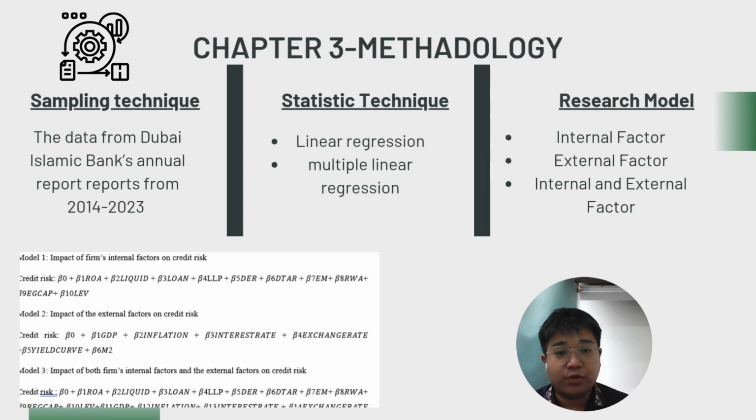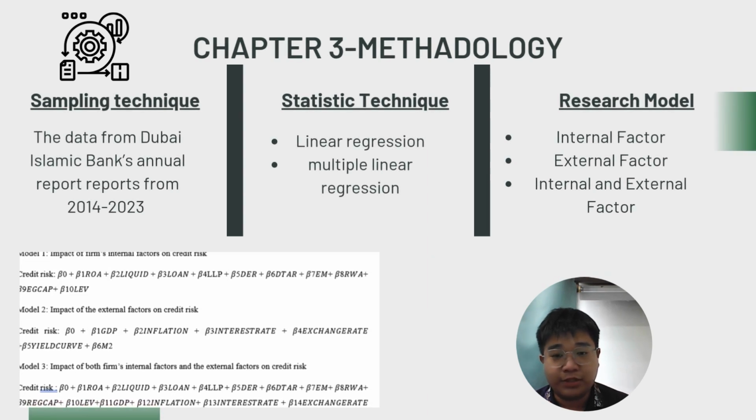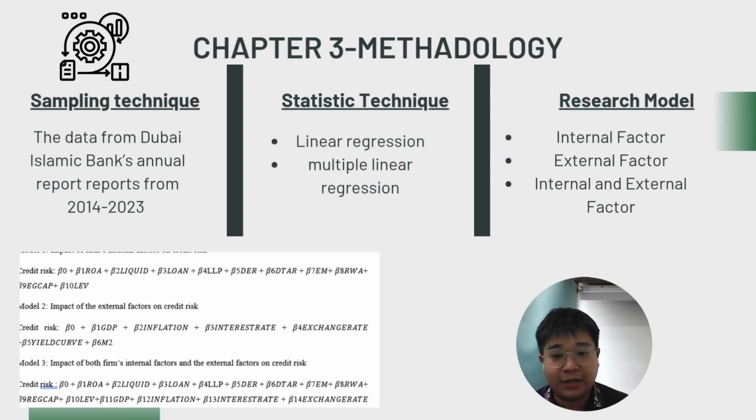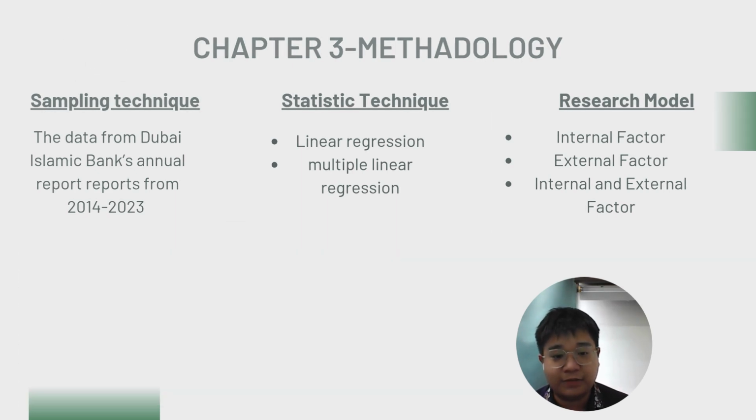For Chapter 3, methodology, the sampling technique is data from Dubai Islamic Bank's annual reports from 2014 until 2023, and the statistical techniques are linear regression and multiple linear regression. The research models are internal factors, external factors, and internal and external factors.